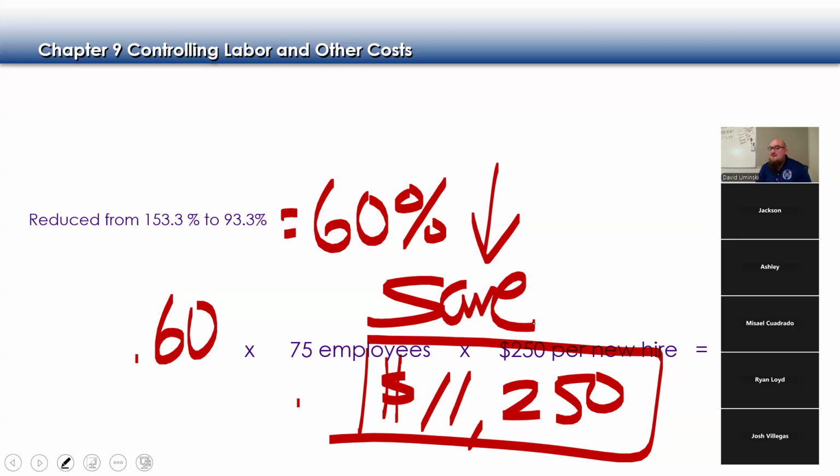Now, $250 is probably pretty inexpensive for replacing an employee. And so oftentimes it's best if we could just keep our employees. So how could I spend $11,000 to try to help keep my employees rather than letting them leave?